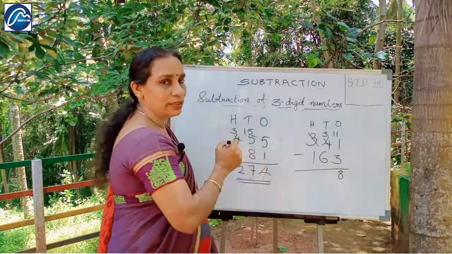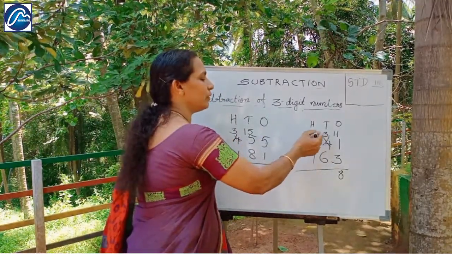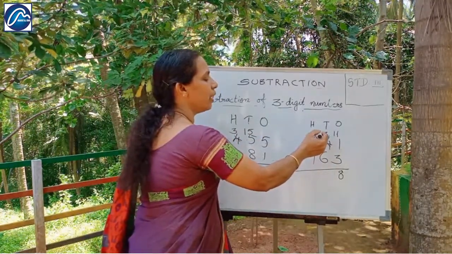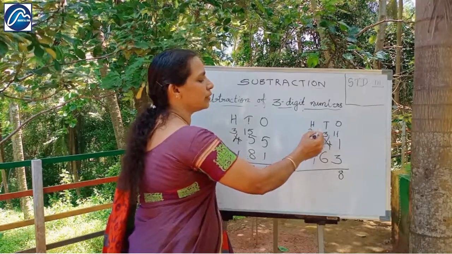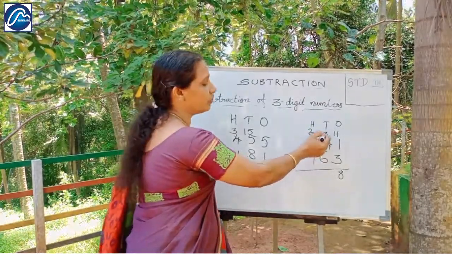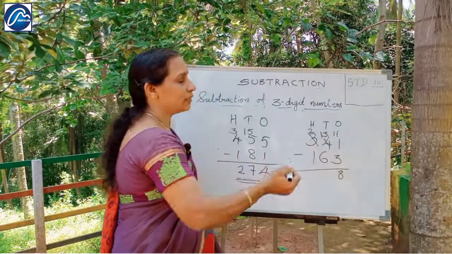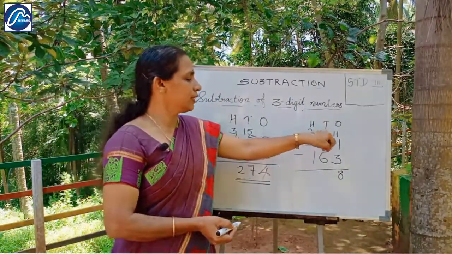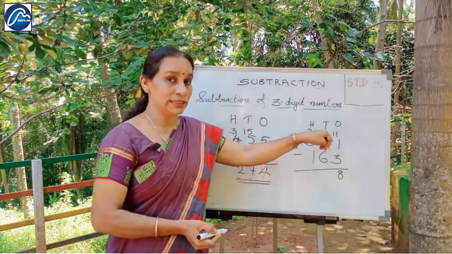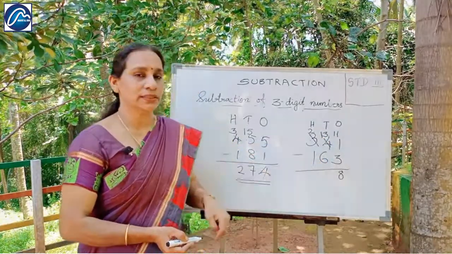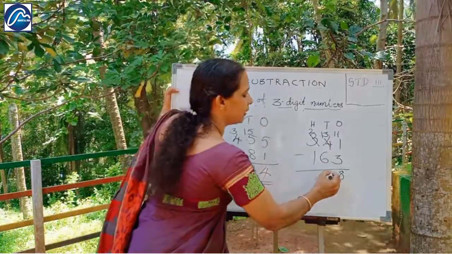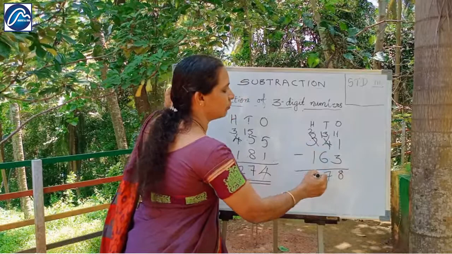You can take 1 from here, 100 from here, and it will become 200, and that 100 will become 10 tens. That means 10 tens and 3 tens. So 13 tens. 13 minus 6, 7, and 2 minus 1.